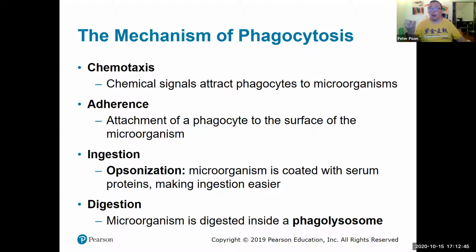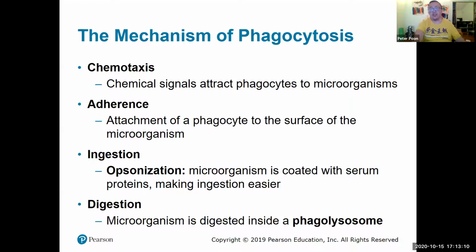Usually that's helped by something called opsonization, in which the microorganism is coated with antibodies or complement proteins and other factors that attract these phagocytes, and that makes the adherence and swallowing easier.